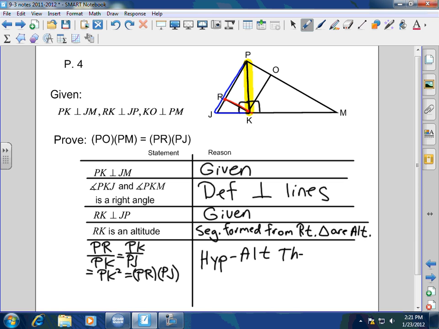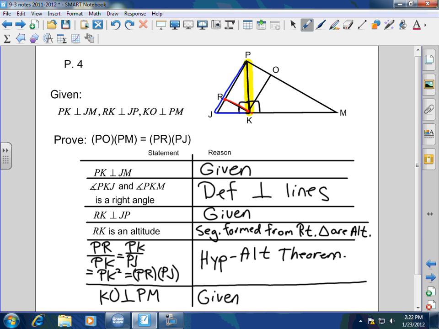Now this one we can call the hypotenuse altitude theorem. I see that you guys are all getting anxious, so let me just go quickly. From here, I would say that KO is perpendicular to PM. Given. Now if KO is perpendicular to PM, isn't KO now the altitude?